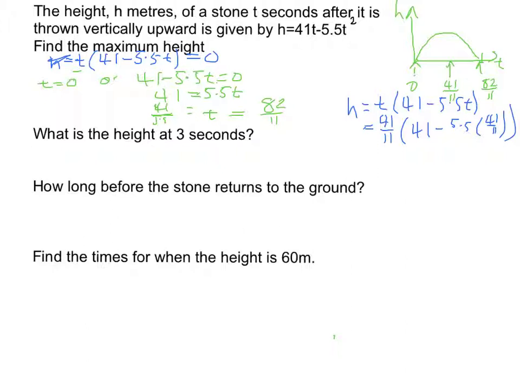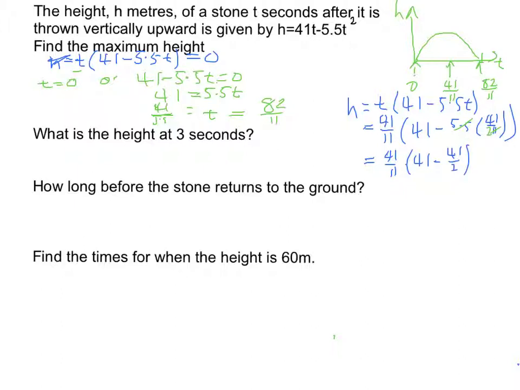Now, that 5.5 will cancel down with the 11 on the bottom to leave it with 2. So that's going to simplify this to 41 over 11 multiplied by 41 take away 41 over 2.